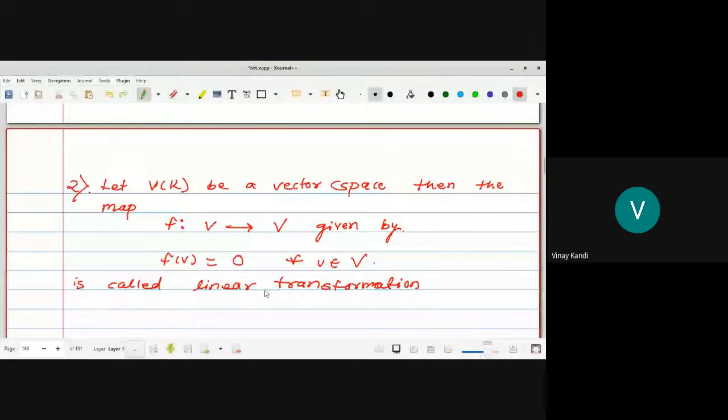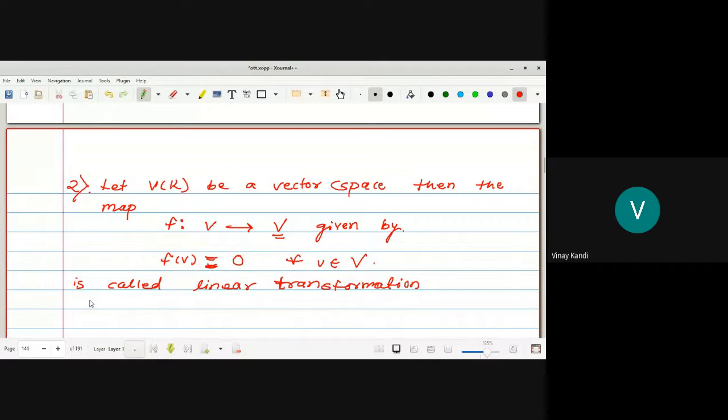Every element small v of capital V maps to the zero element of capital V.